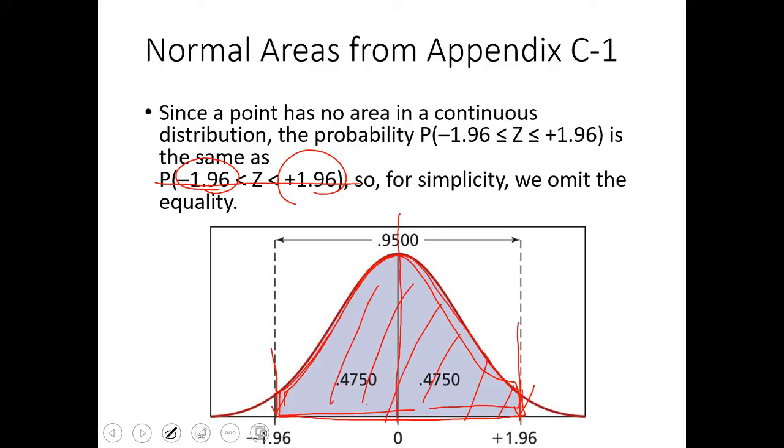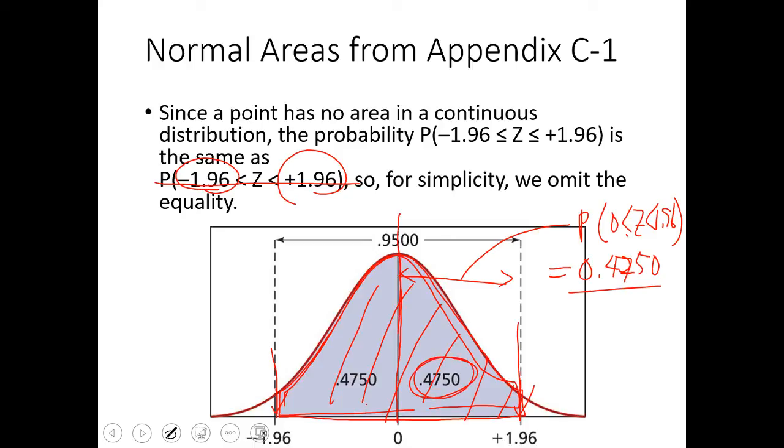Since we know that the probability that z is between 0 and 1.96 is 0.4750, the left half of this area is also 0.4750 because they are symmetric. So we sum up this number and this number, and then we obtain this probability.